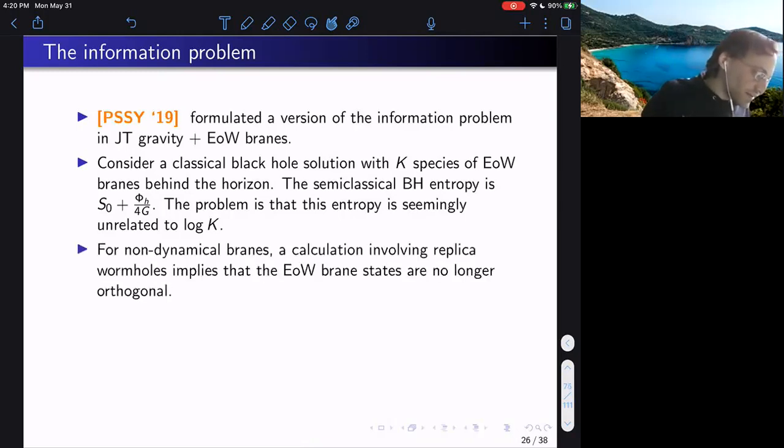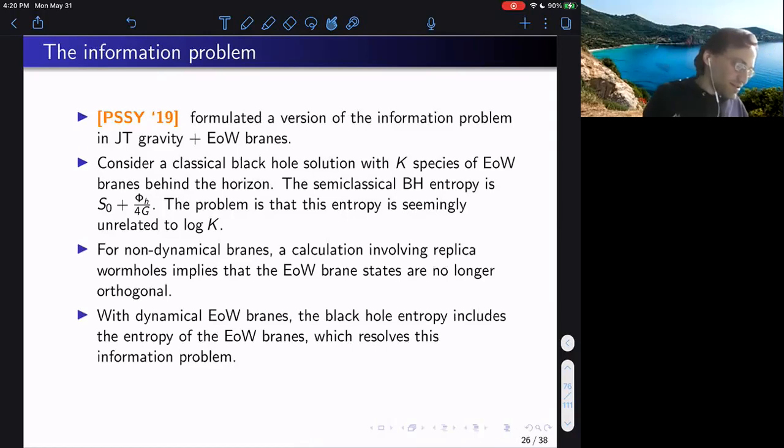So for the case of non-dynamical branes, which is what they considered, they performed a calculation involving replica wormholes. And this implies that the end-of-the-world brane states are no longer orthogonal. So here the story is a little different. Here we consider dynamical end-of-the-world branes, and I argued that the black hole entropy includes the entropy of the end-of-the-world branes.